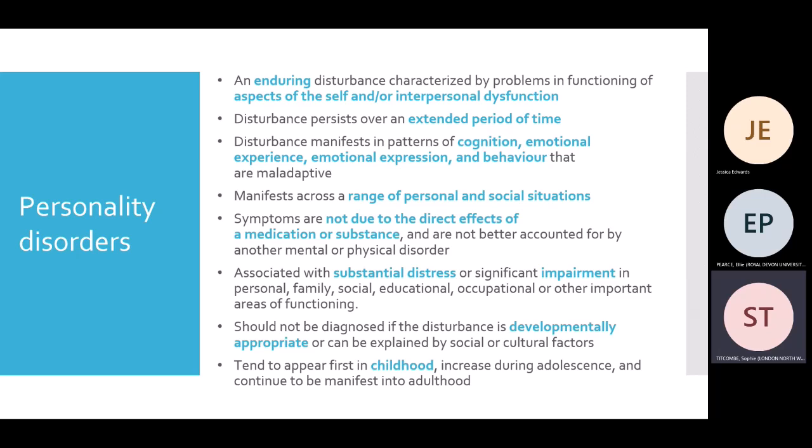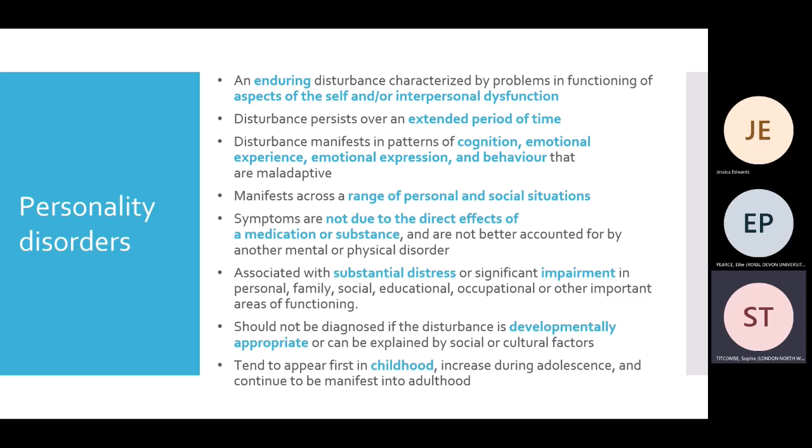What we're talking about is some sort of disturbance which impacts somebody's ability to function and impacts their personality, as the name suggests. This disturbance is present over an extended period of time, and it shows itself in cognition, emotional experience and expression, and also behaviour.